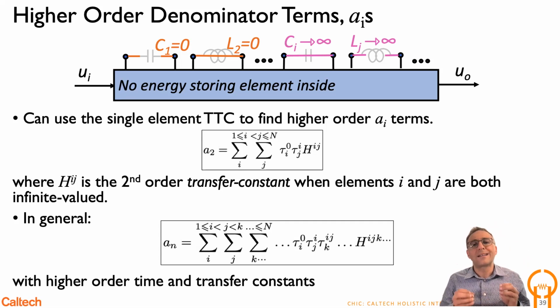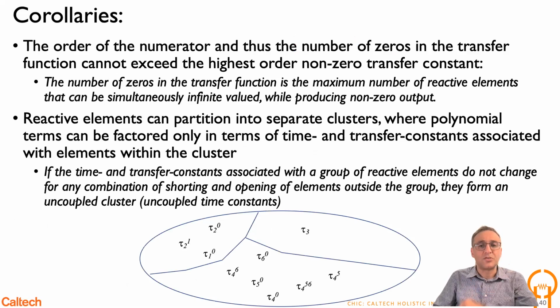That's why the criterion for the number of zeros in a transfer function was the maximum number of elements that can be simultaneously infinite valued to produce a non-zero response, because that would give you the highest order non-zero Hij, and that would produce the number of zeros that you have in general.